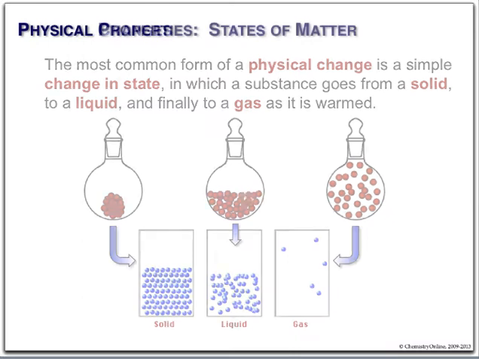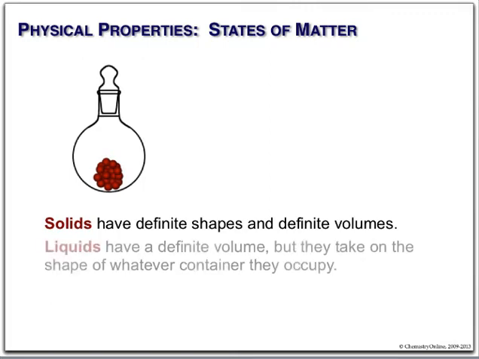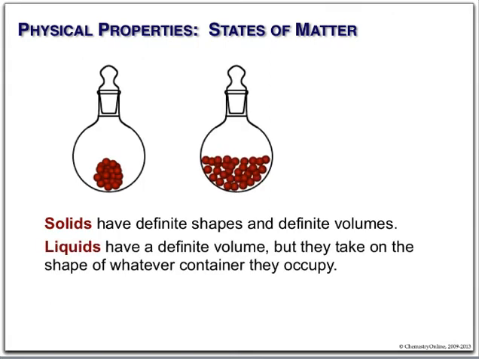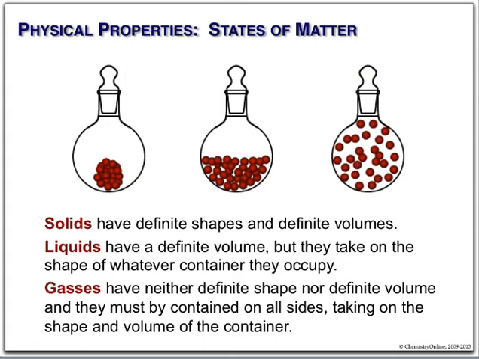Now, just in general, solids have defined shapes and defined volumes. Liquids have a defined volume, but they take on the shape of whatever container they occupy. And finally, gases have neither defined shape nor volume, and they take on the shape and volume of their container.